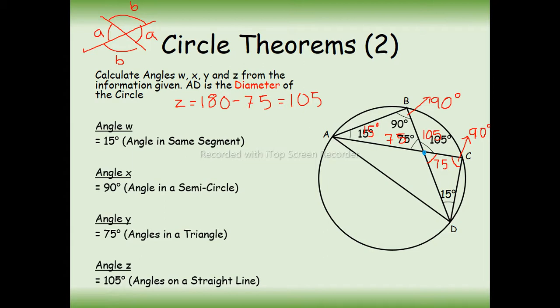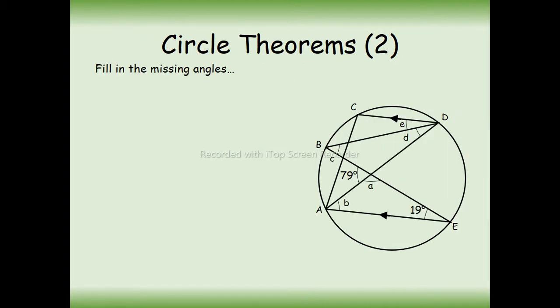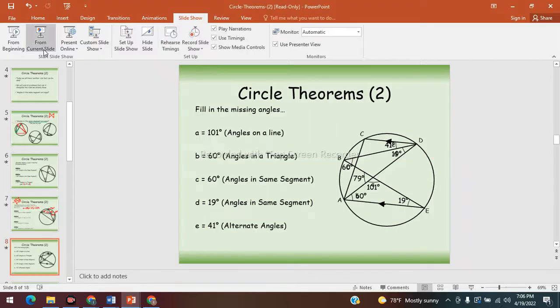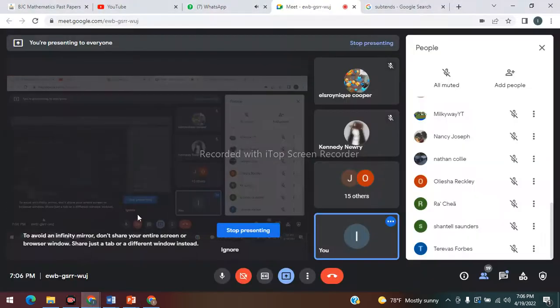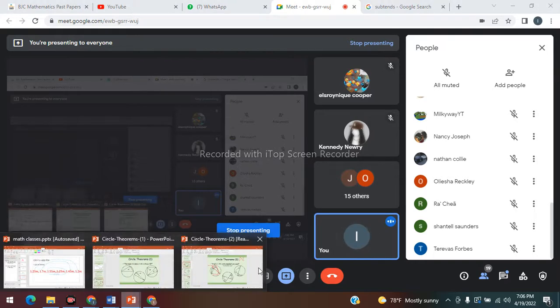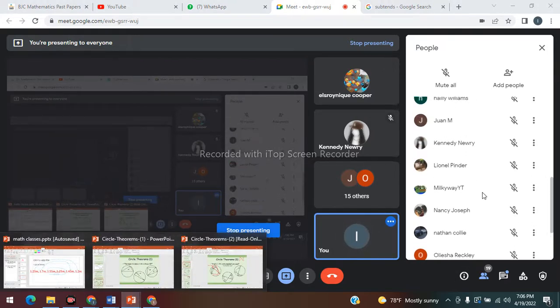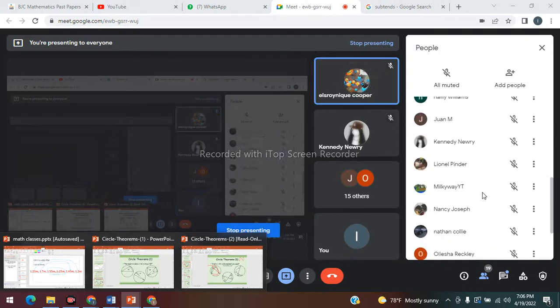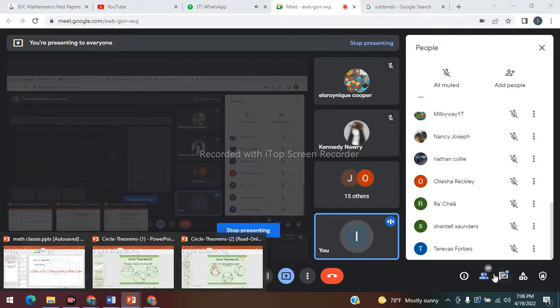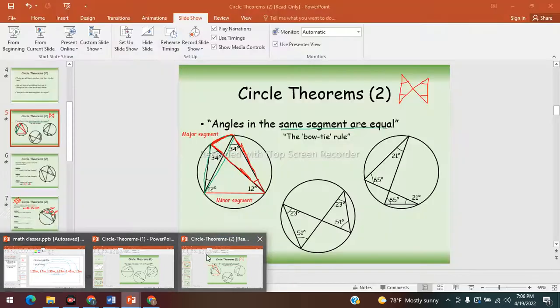Yes, sir. Right. All right, so find the missing angles. Oh, I thought someone was trying to join. Someone did join. Who was that? The thing is saying 19 now. It had 18 a few seconds ago.